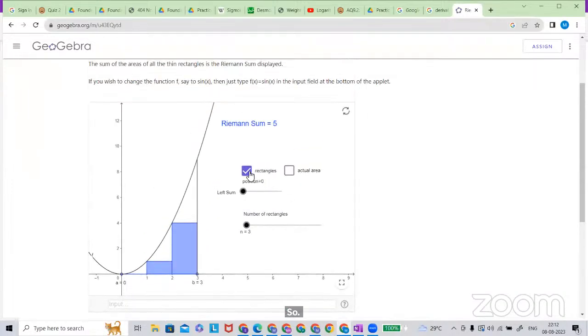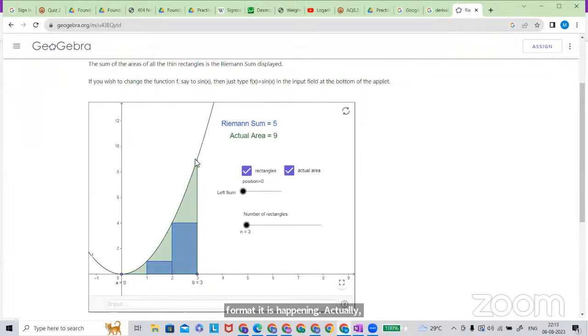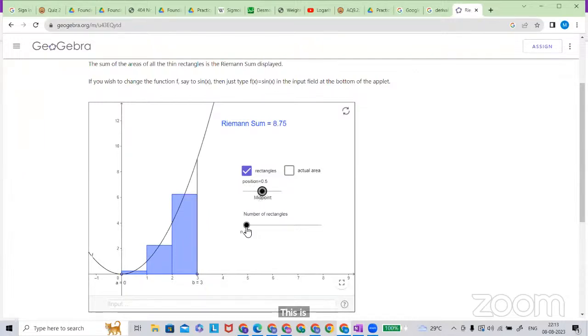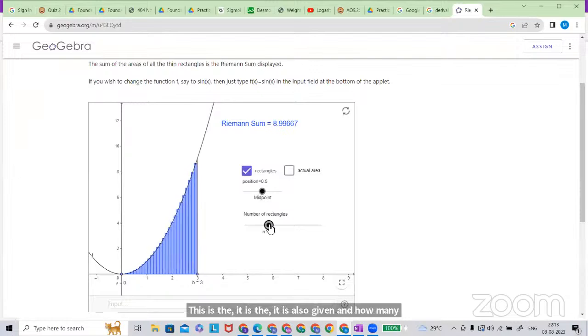See, this is the rectangular actual area. Rectangle means in this format it is happening. Actual area means finally the integration has been taken, but the rectangles are in this format. This is the left sum, the position is also given, and n is the number of rectangles.